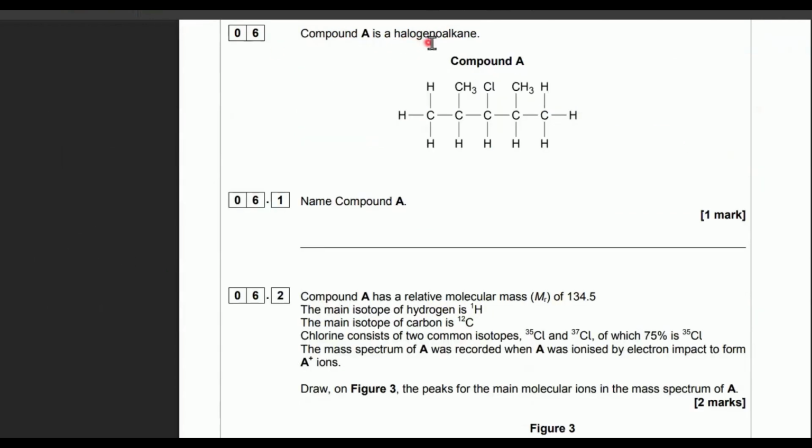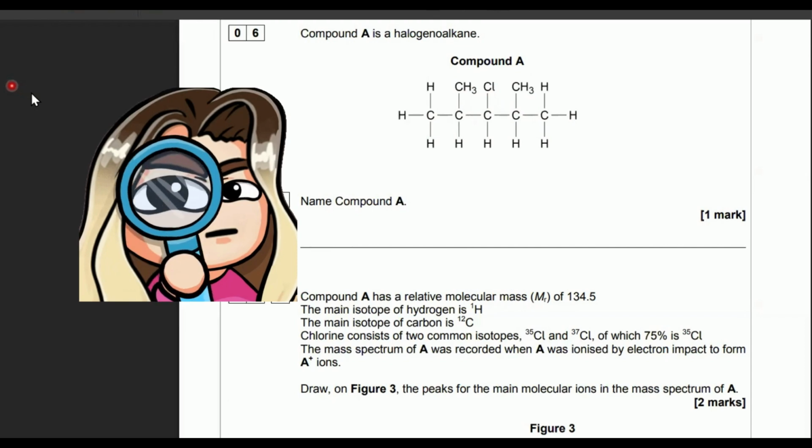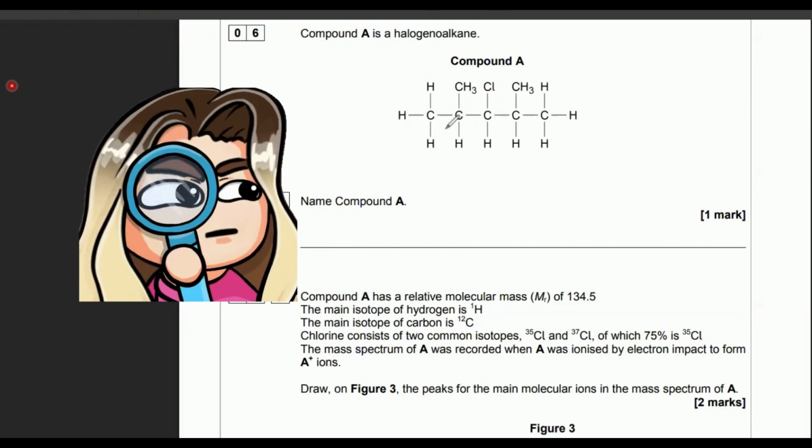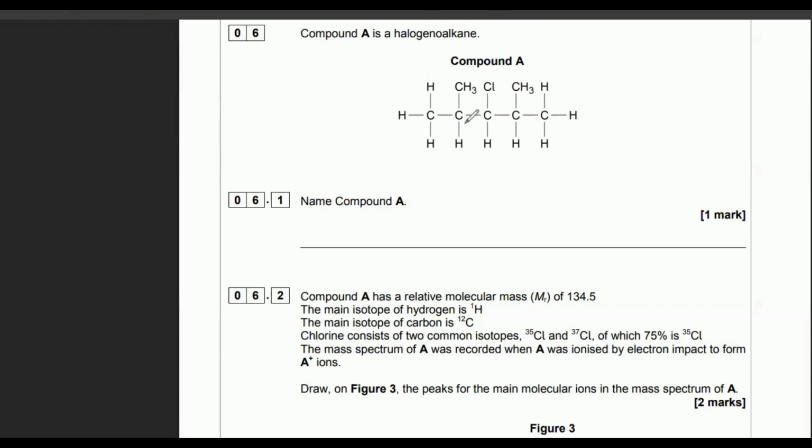Okay, compound A is a halogenoalkane, named compound A. So you want to check the main chain. One, two, three, four, five. So we've got pentane, and then I've got two methyl groups coming off and a chloro. So if you're numbering, you want to give everything the lowest number. So one, two, three, four, five carbons.